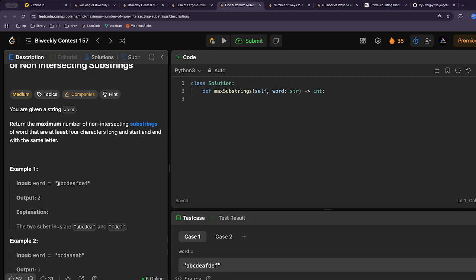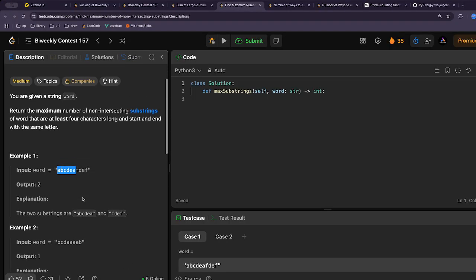You have to select as many substrings as possible that start with a letter and end with the same letter, right? Here you can break it down into 2 substrings, as it says here. But in this example, you happen to select the whole string. They cover the whole string, but it doesn't have to. They cannot be overlapping, but they don't have to cover all. You could have letters that are not part of any of the substrings.